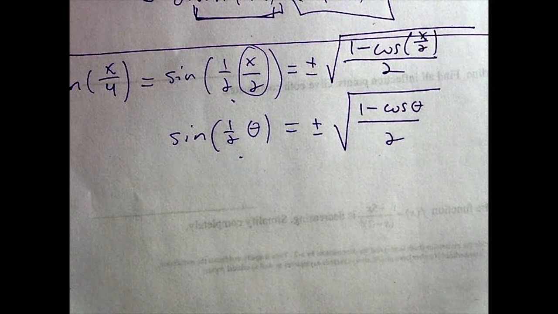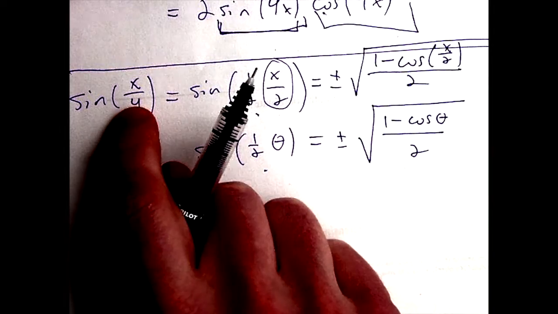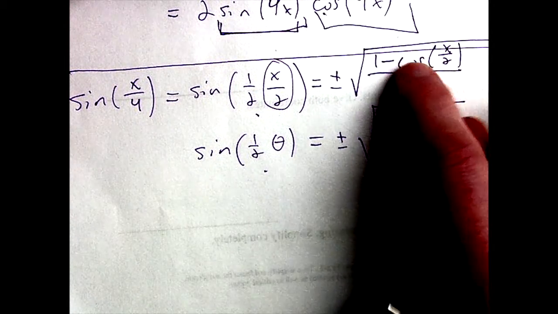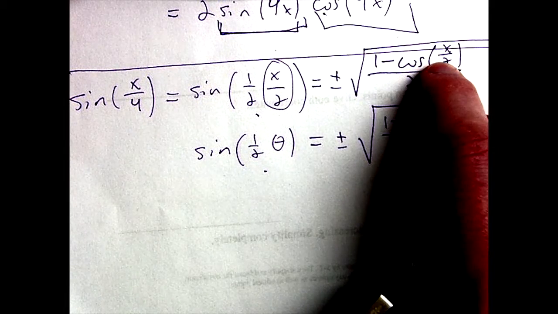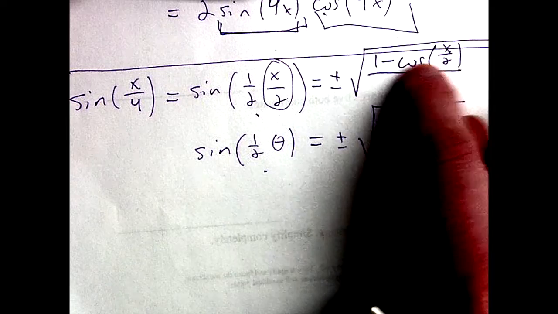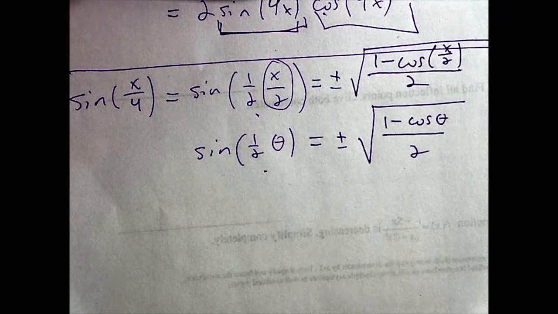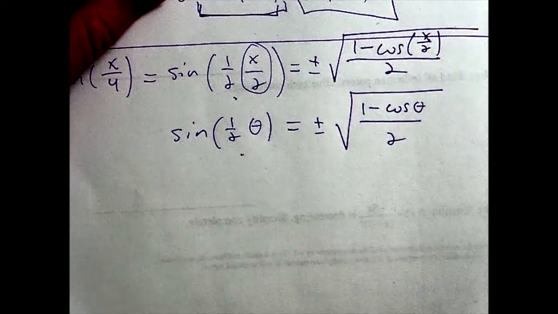In a way, we've kind of reduced the problem, right? Initially, we had a quarter angle, x over 4, and now we only have a half angle, x over 2. I hope that it's clear that you can now apply another half angle formula, the half angle formula for cosine, and replace this expression with another formula, and then we'll get rid of the half angle, and we'll just have an x instead of x over 2.